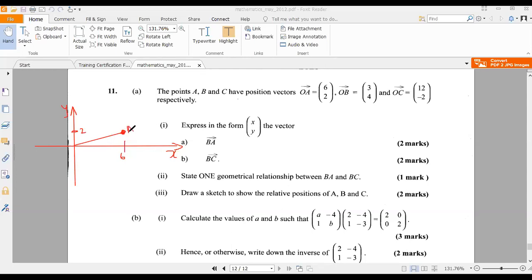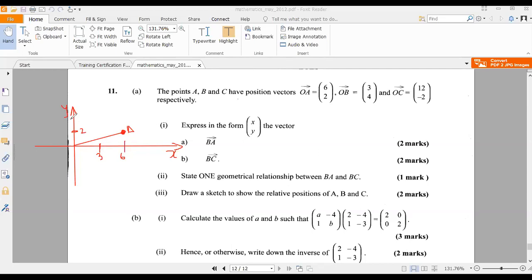All right. Then I'll do the same for B. OB is 4 and 3. 3 and 4. 3 will be between 0 and 6. So I'll come here. This is 3. And 4 will be somewhere at the top.